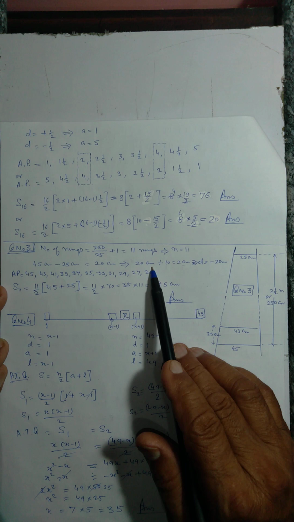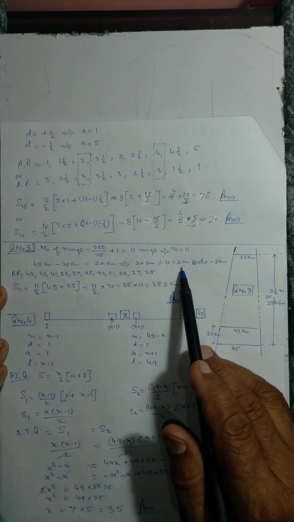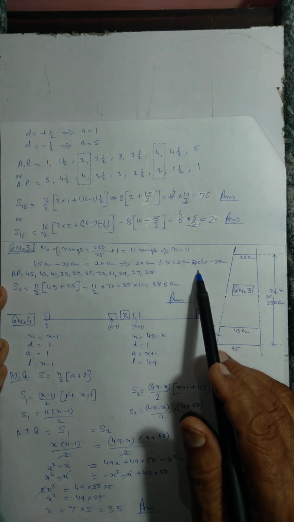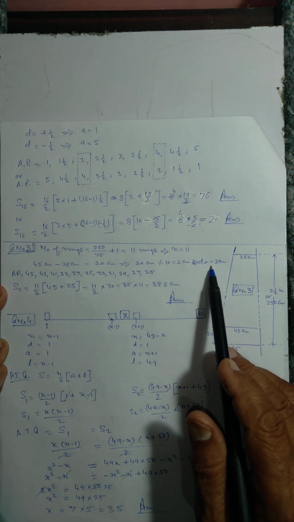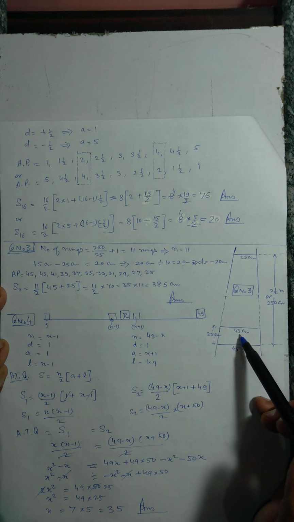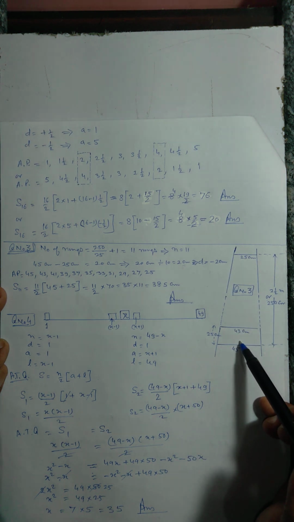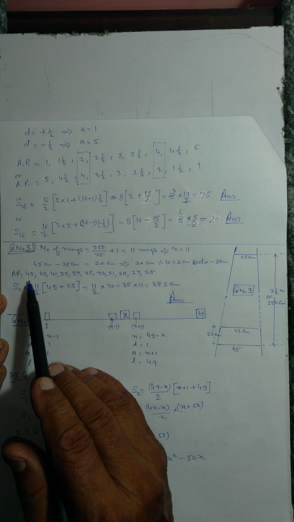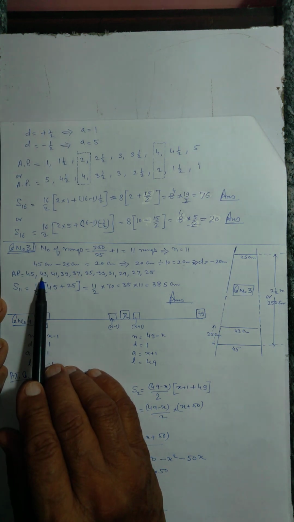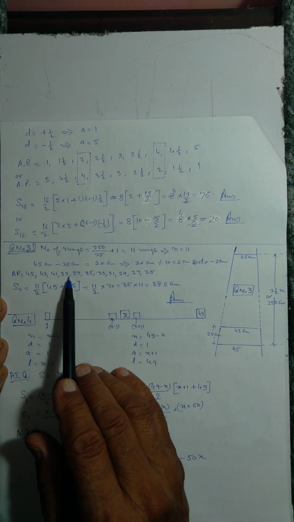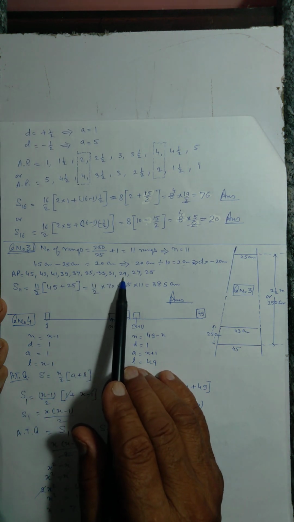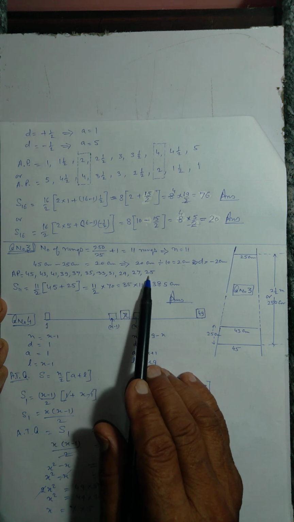So 20 centimeter divided by 10 will be 2 centimeter. Our common difference will be equal to minus 2 centimeter, and the arithmetic progression will be like this: 45, 43, 41, 39, 37, 35, 33, 31, 29, 27, 25.